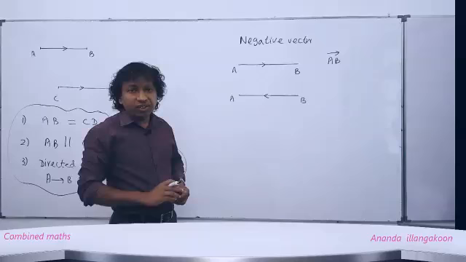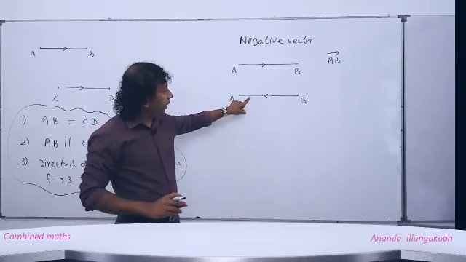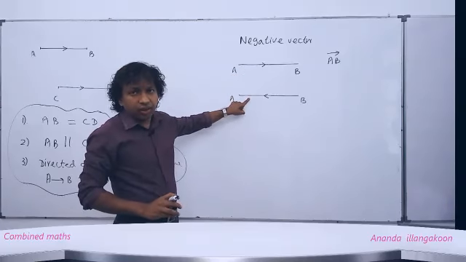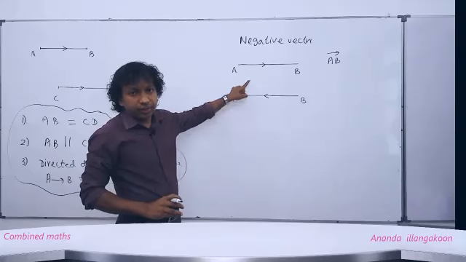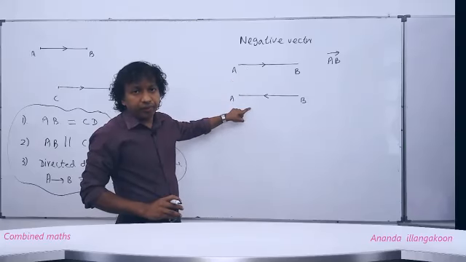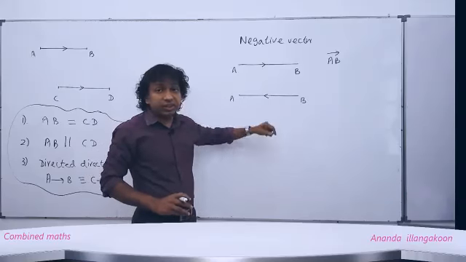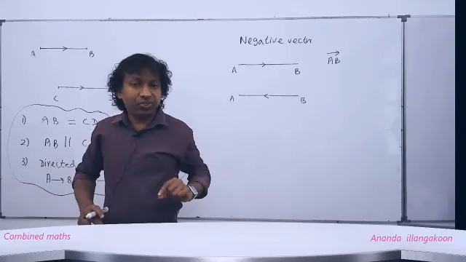Then you can clearly see this line segment and that line segment are equal in length. They are parallel. And the only thing is the direction is opposite.